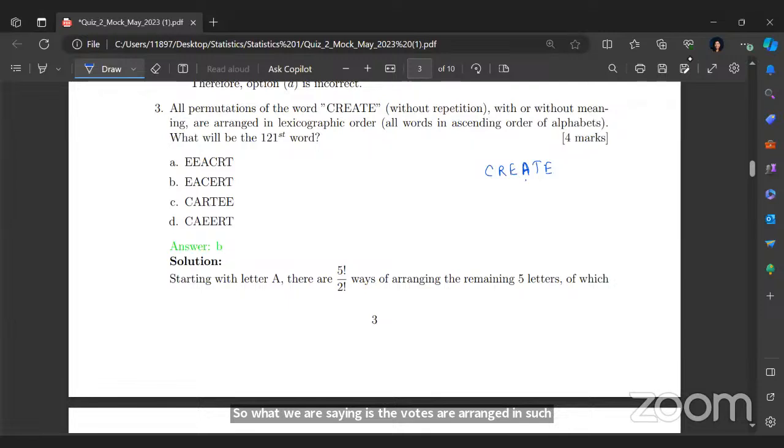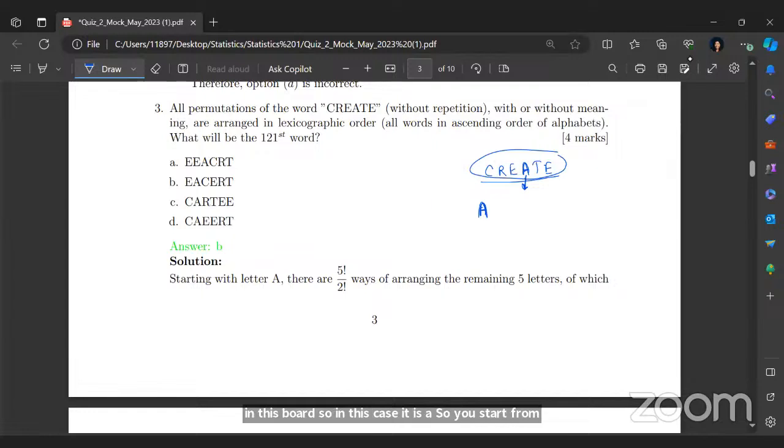So you know A comes first. Whenever you are arranging these alphabets, you first start with the first alphabet in this word, which is A, and then you keep on increasing.